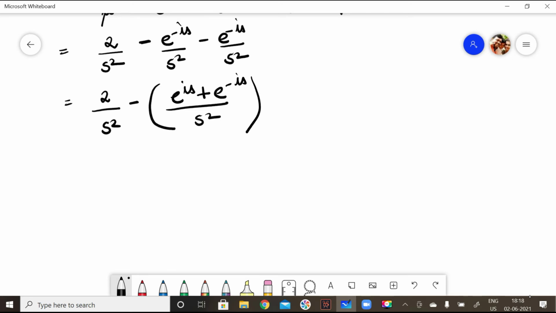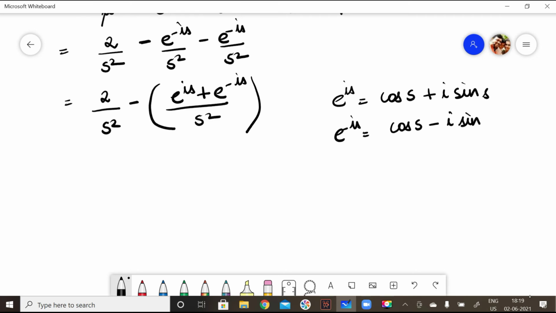We very well know that e to the power is is cos s plus i sin s. Similarly, e to the power minus is is cos s minus i sin s. Now, when I add e to the power is plus e to the power minus is, plus i sin s and minus i sin s will get cancelled and I will get 2 cos s.